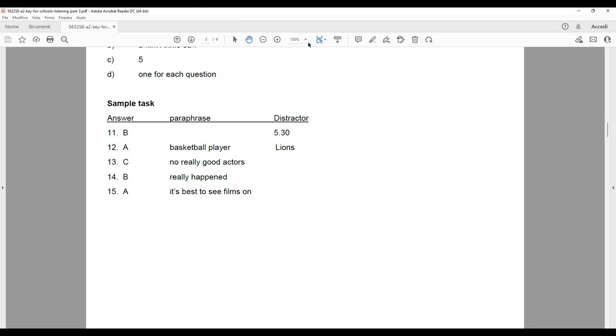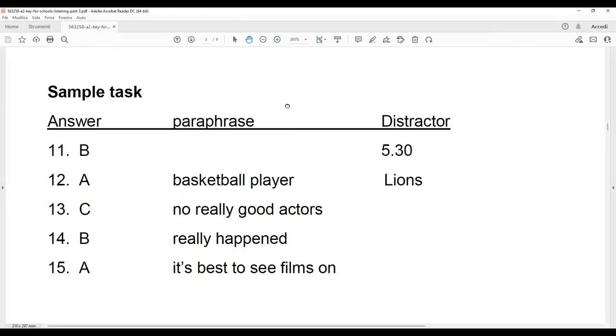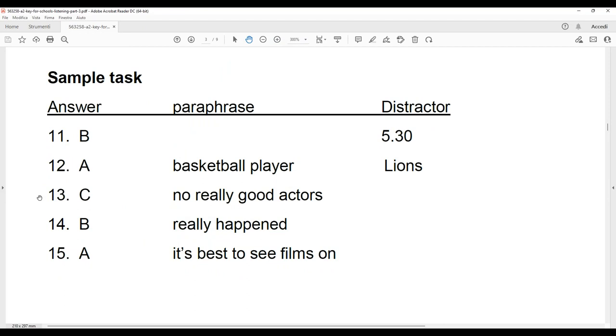So have a quick look at it. Here we go. Those were the answers. Check them real quick. Okay, were you able to get the right answer for those questions?